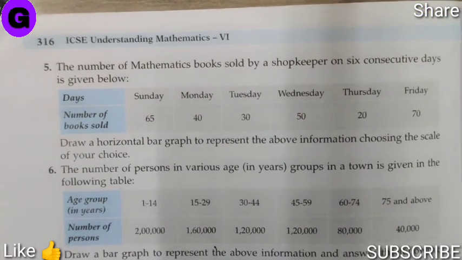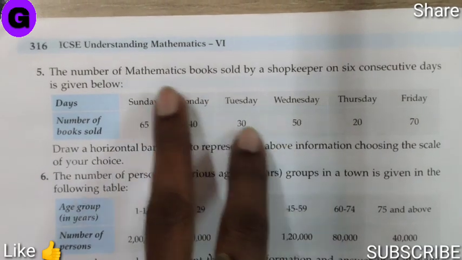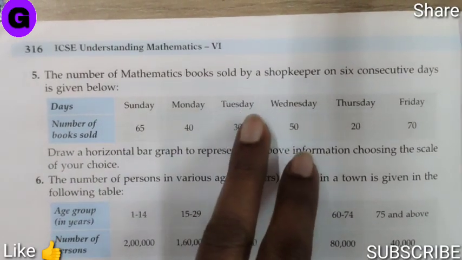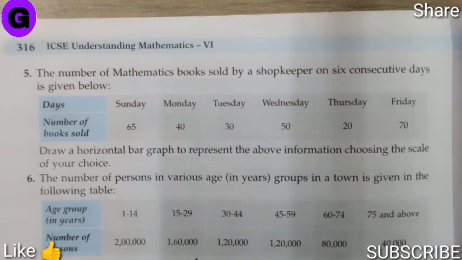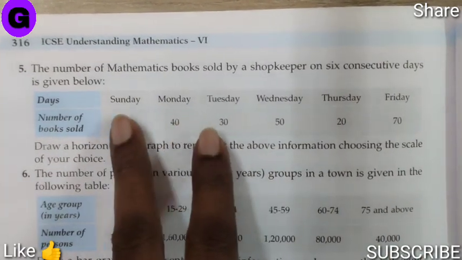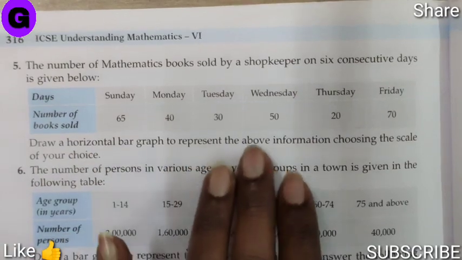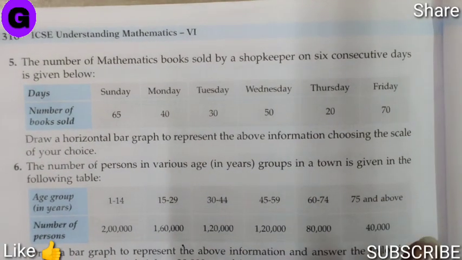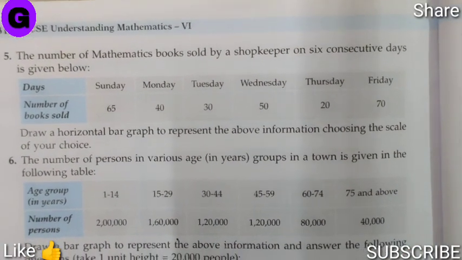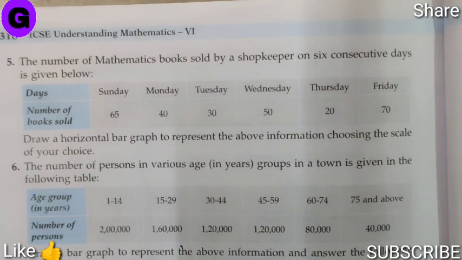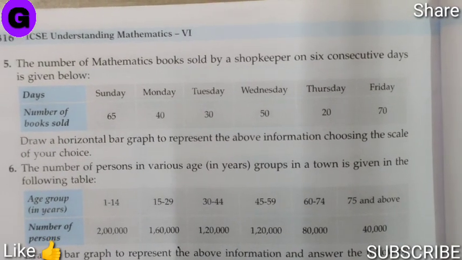Here the data given is days. A number of mathematics books sold by a shopkeeper in 6 consecutive days is given below. Sunday, Monday, Tuesday, Wednesday, Thursday and Friday, and the number of books sold on those respective days. So now we have to make a bar graph based on this data.